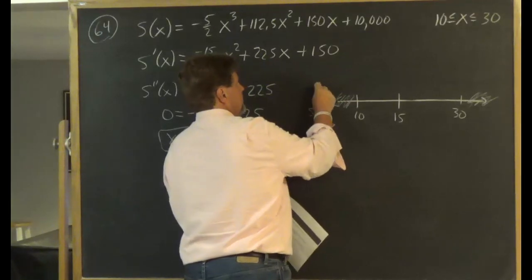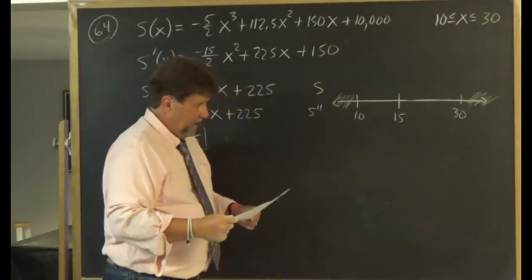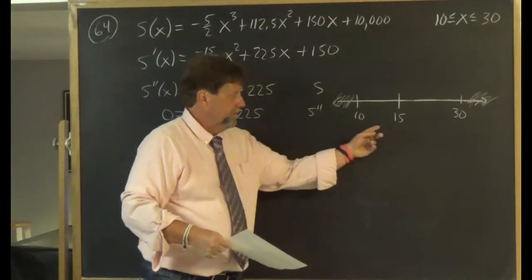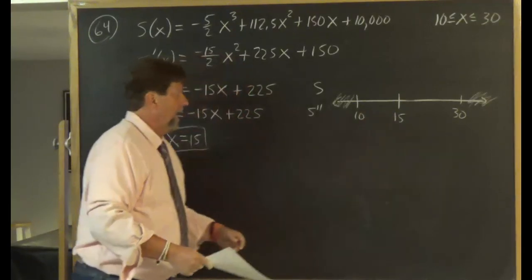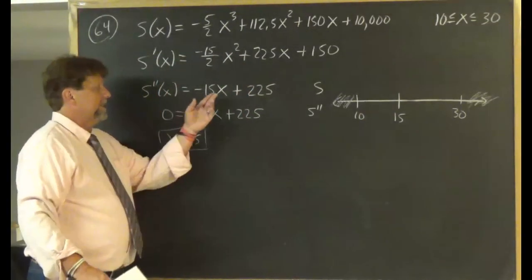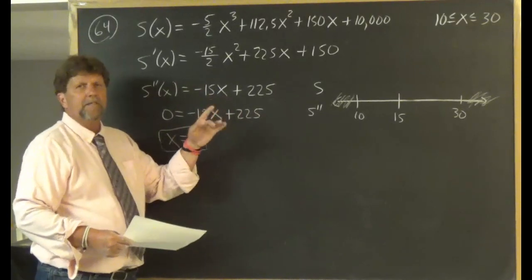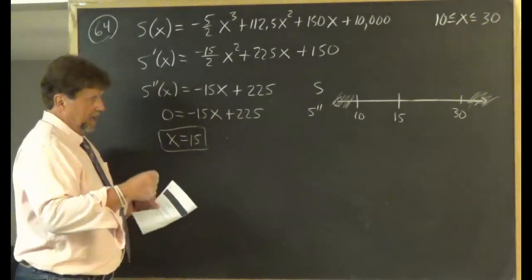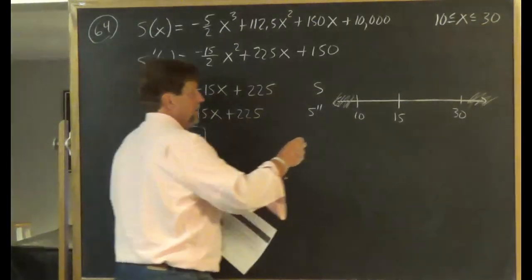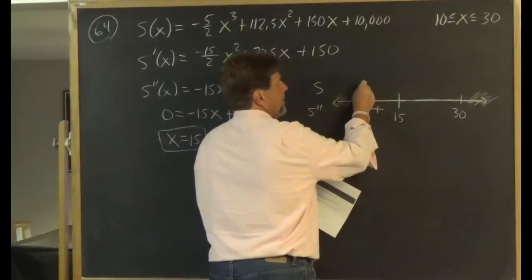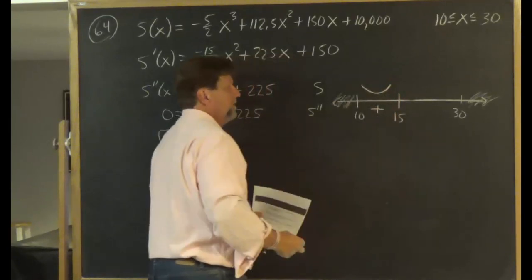So there's the second derivative and the function. I pick a number in the interval 10 to 15, probably 11. I evaluate the second derivative at 11: negative 15 times 11 plus 225. What comes out is a positive number, which tells me the function is concave up.